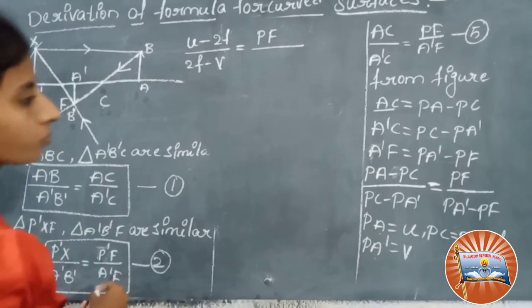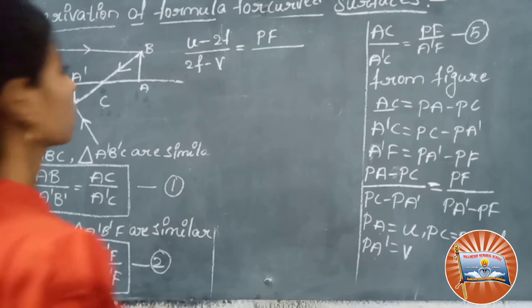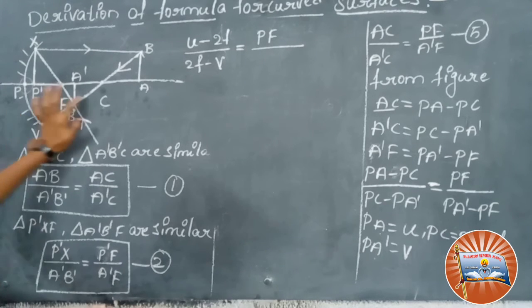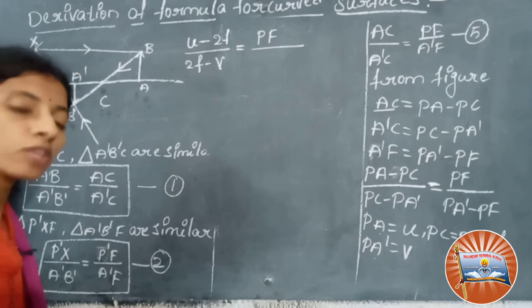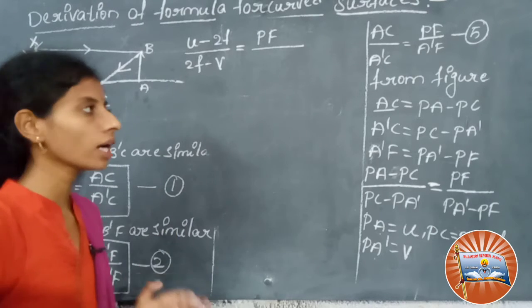Now see here, on the principal axis the distance between pole and focus is known as focal length.